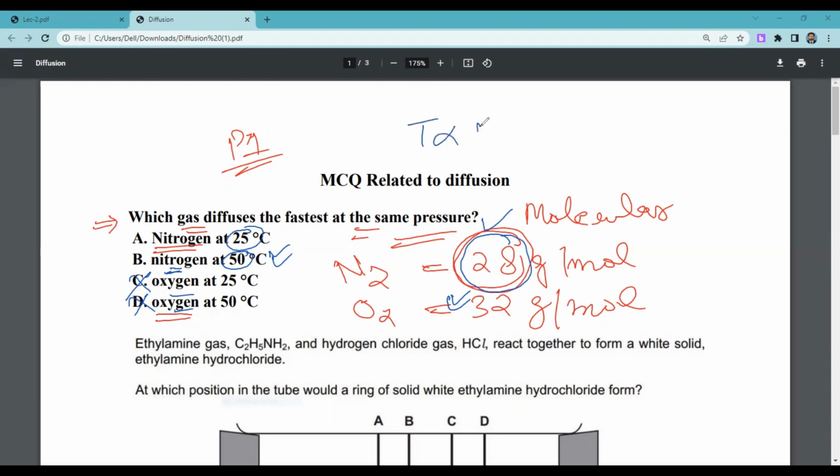Temperature is directly proportional to the rate of diffusion. It means that at 50 degrees centigrade the diffusion will occur faster, and at 25 degrees centigrade the diffusion will occur slowly. So therefore the correct option will be nitrogen at 50 degrees centigrade.